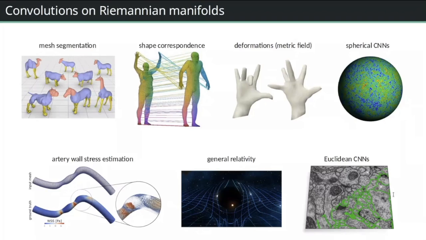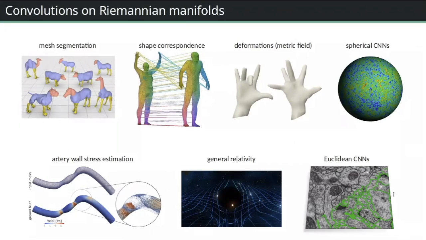You could also try to predict deformations of a manifold, since the shape of your manifold, like how this hand is formed, depends on the metric field, and the metric field is a tensor field. So it's in particular a feature field which we could predict. We could predict deformations of our metric field. Then another nice application is this artery wall stress estimation, which was implemented by Pim and collaborators. And I guess you will talk more about it later. Then probably in general relativity, you could apply these neural networks at some point.